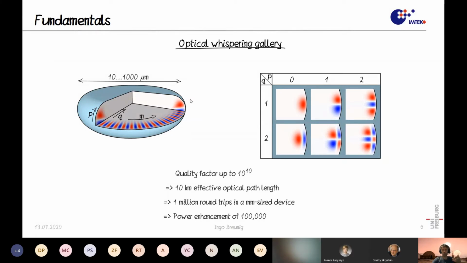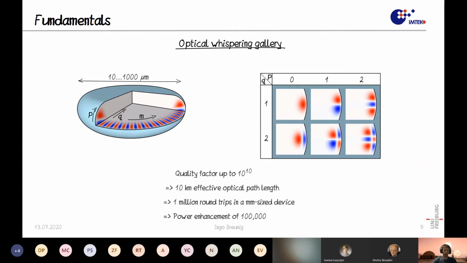They can have sizes between some tens of micrometers and a millimeter in diameter, and they have quality factors up to 10 to the power of 10, which gives you roughly 10 kilometers effective path length. In a millimeter-size device, this gives us roughly 1 million round trips. And with 1 million round trips, you have a power enhancement of roughly 100,000, which is quite a nice power enhancement.